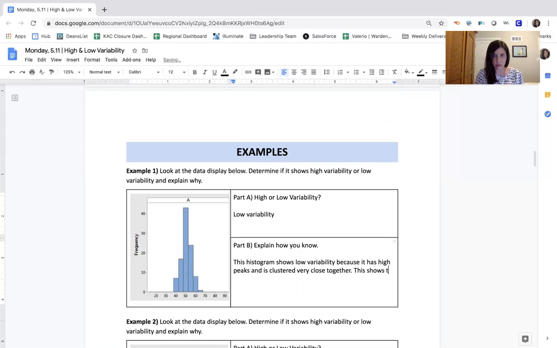This shows that there is a lot of similar data in the set. Okay, so low variability because there are high peaks and it's clustered together.